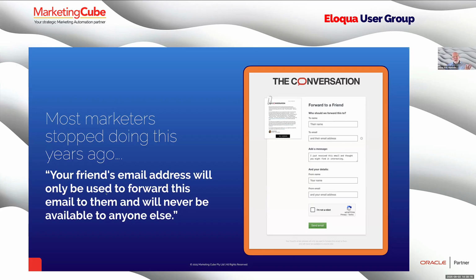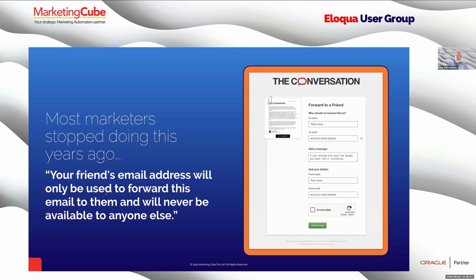So they're making it quite clear that all we're going to do is take this email and forward it to your friend. That's really it. Speaking with Adrian earlier, he said one of the contributing factors for many organizations was how do we make sure that Adrian's email address, in the context of the conversation and their marketing environment, doesn't end up in a database where he gets picked up and then is sent other communications which he never opted in for.